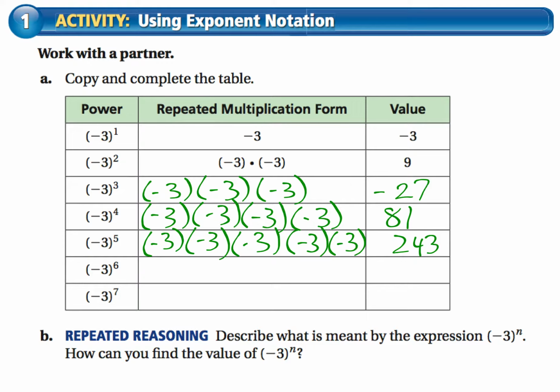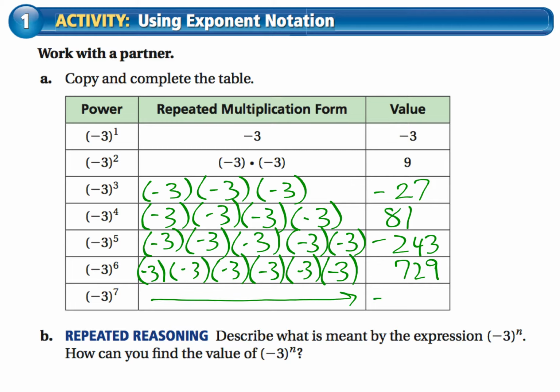We've got the fifth one left over, making it negative. -3 to the sixth power would be 729, and since there are 6 negatives, those will all come out to be positive. -3 to the seventh power is -2187.